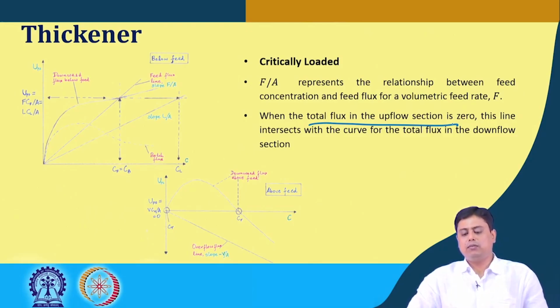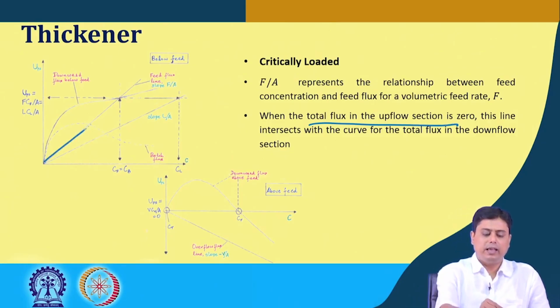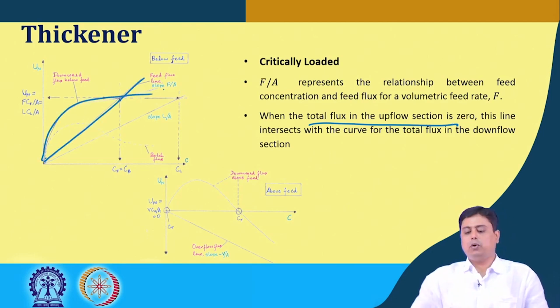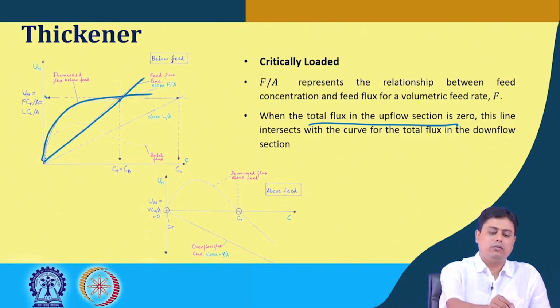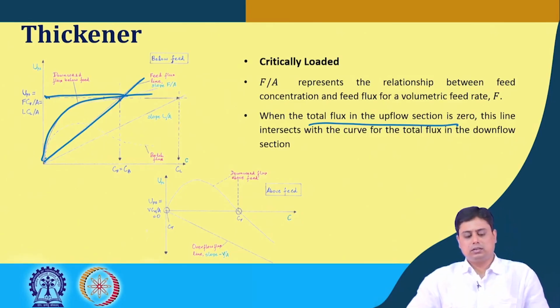Total flask in the upflow section is 0. At that point, this F by A line intersects the total curve at a certain point. That is our critical condition, the critical concentration of the feed, and the corresponding flask is the critical flask.